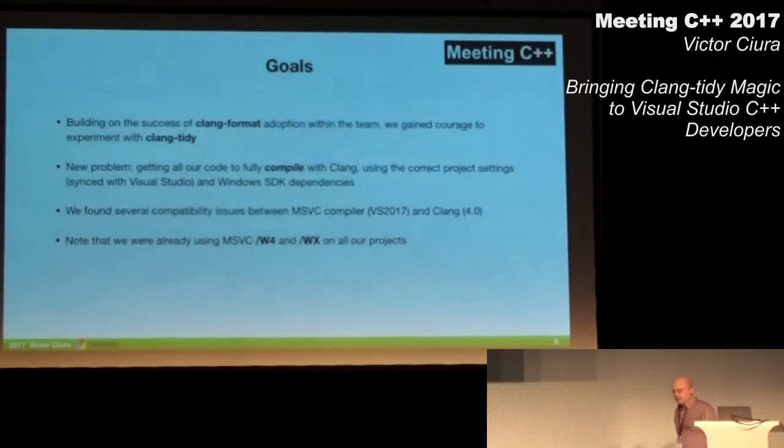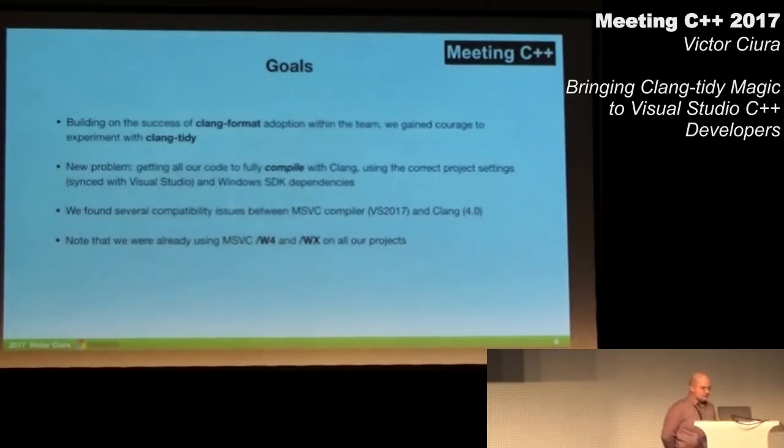Building on the success of clang-format adoption within the team, we gained courage to experiment with other Clang tools like clang-tidy. As opposed to clang-format, using other Clang tools, you actually need to be able to compile your code base with Clang. Clang-format just needs to have some semi-valid syntax to work.